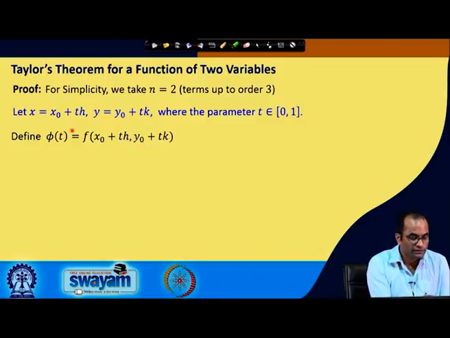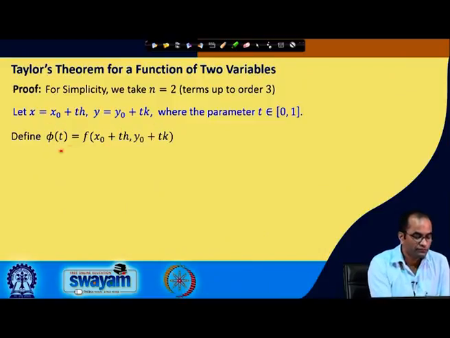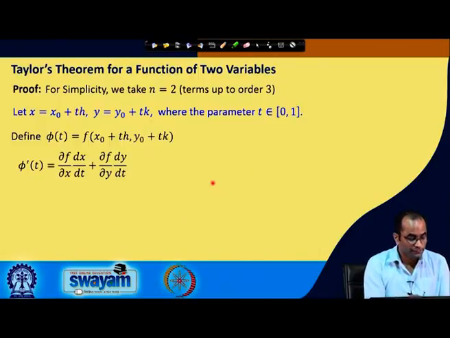So with x0 and y0 fixed, and h and k fixed, we have a variable t here. Therefore, we have defined a function of one variable, and for a function of one variable we can get the derivative with respect to t.